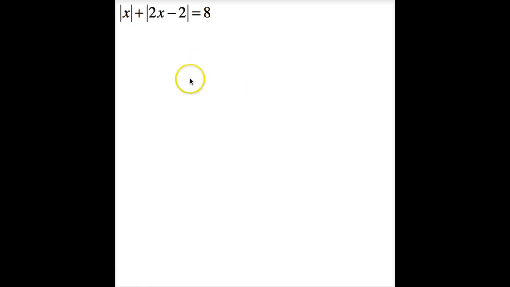Now let's do a more complicated one. I have two separate absolute values. What you need to do at this point is break both of these up into their piecewise functions. So the absolute value of x is equal to x for x greater than or equal to 0, and it's equal to negative x for x less than 0.